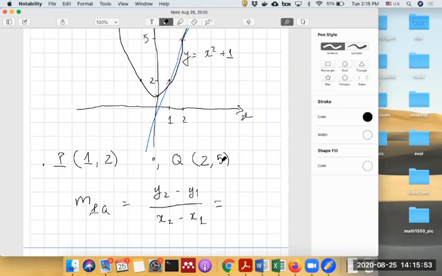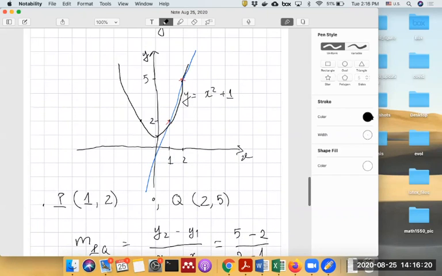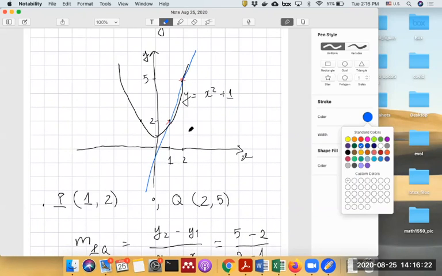So it means that it would be 5 minus 2 divided by 2 minus 1. Yes. Okay. And what is it? Yes. 3 over 1, which is 3. Okay. Now we know the slope of this guy.